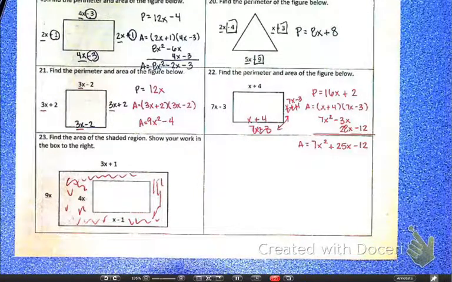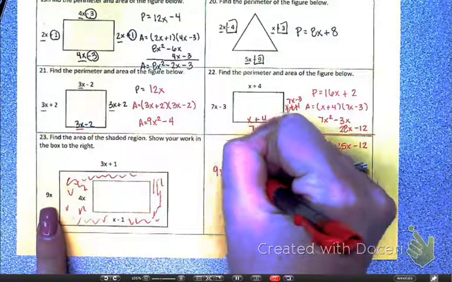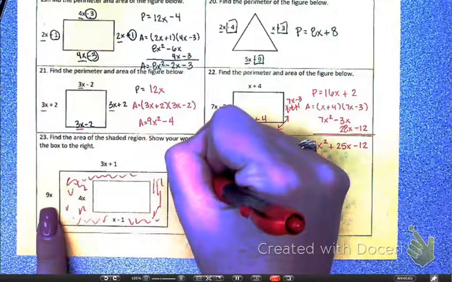Right? So let's find the area of the large rectangle. So 9x times 3x plus 1. This is the area of the large rectangle.